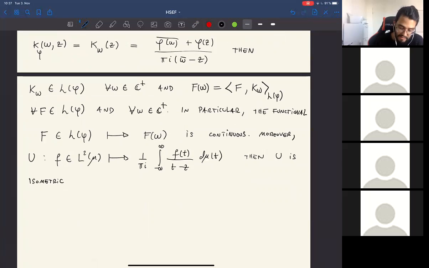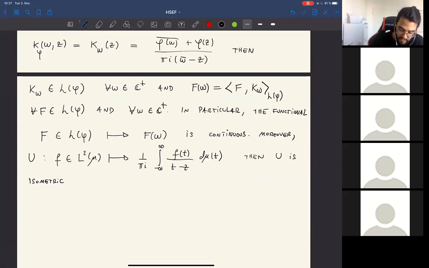So it preserves the norm. In particular, if U of f is 0, then since we just saw that the only function with norm 0 is the zero function, in particular, the kernel of U is trivial.